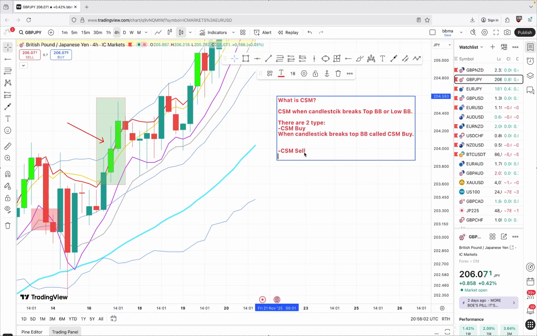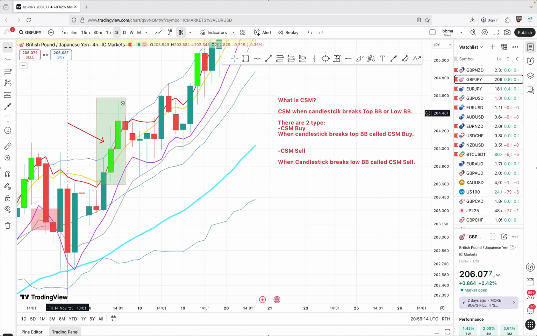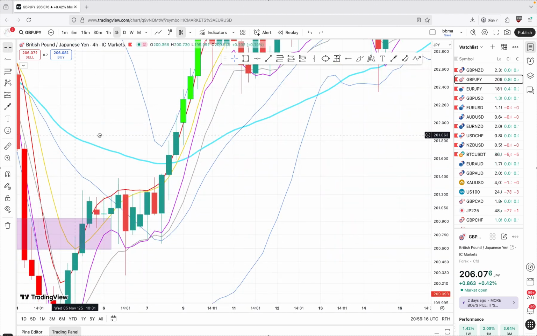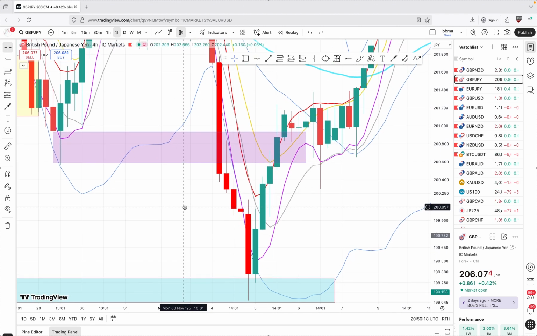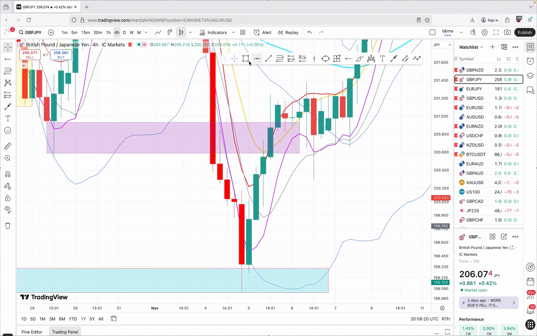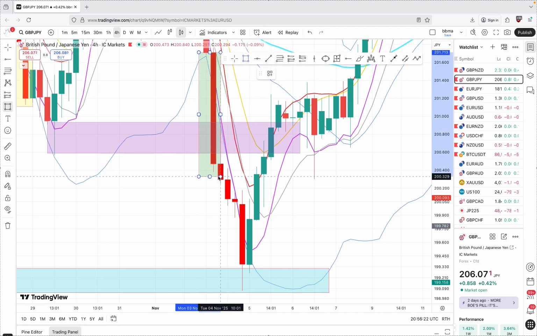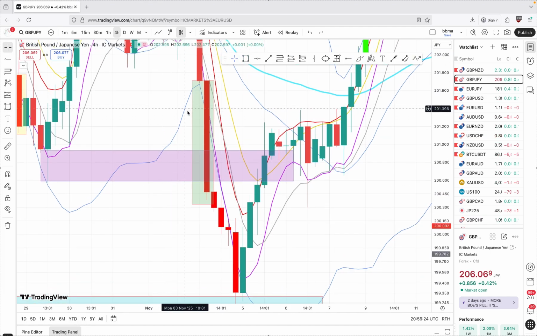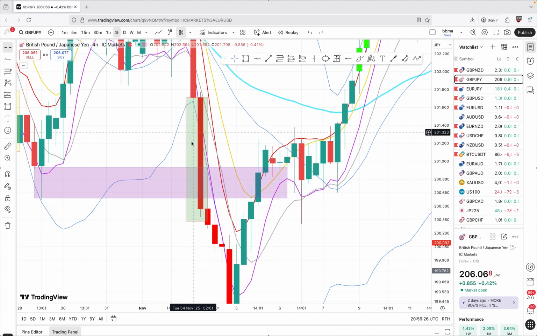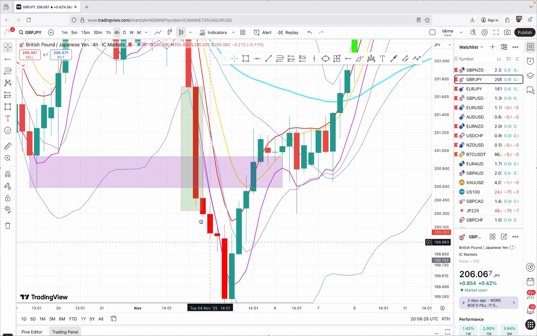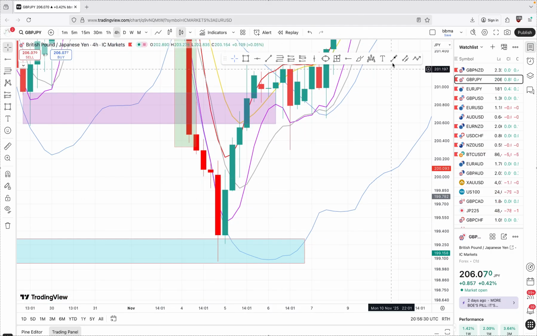What is CSM sell? When a candlestick breaks low BB, it's called CSM sell. So look for CSM sell. Okay, this is CSM sell. See, the market breaks very strongly over here. CSM sell continues until over here.